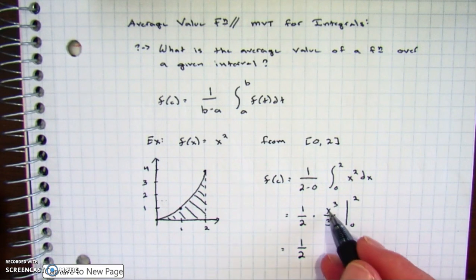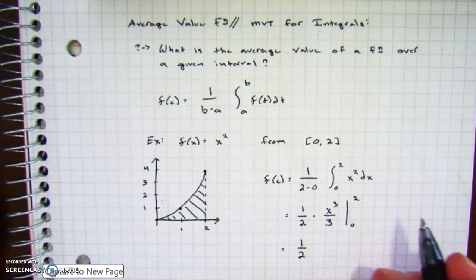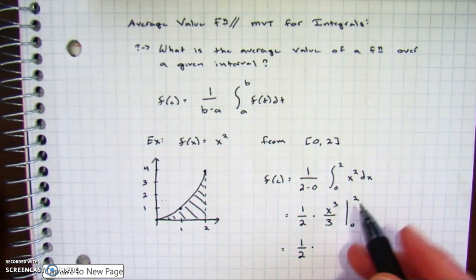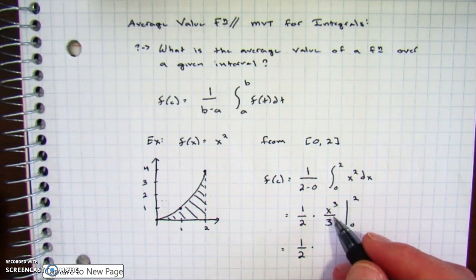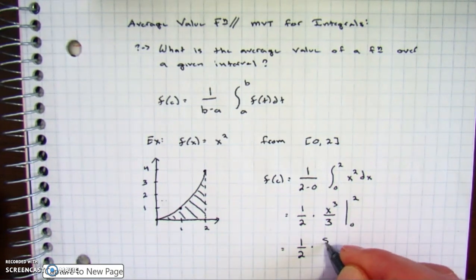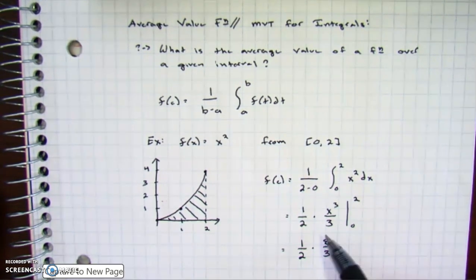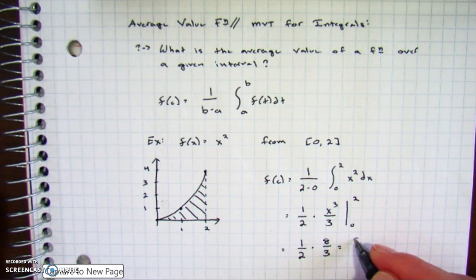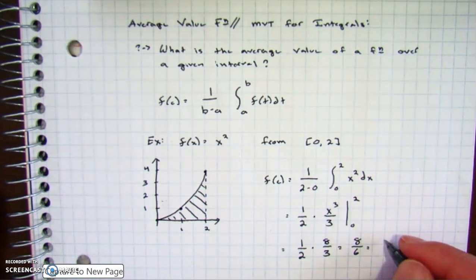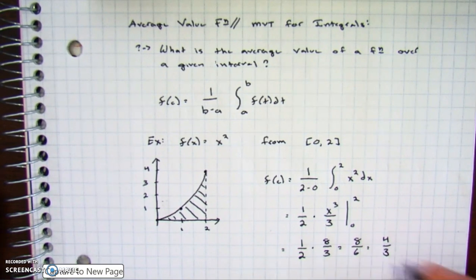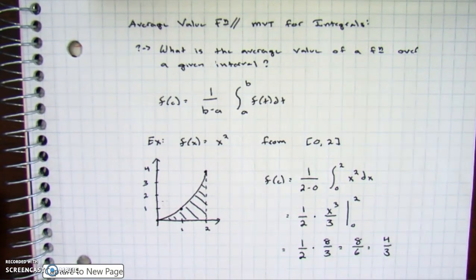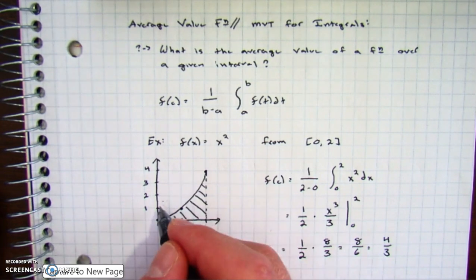At 0, the value is just 0. So let's figure out what it is at 2. 2 cubed, 2 times 2 is 4, times 2 is 8, so that's 8 over 3. Then 1/2 times 8/3 is 8 over 6, so this constant function has a value of 4/3, or 1 1/3. So, hey, what do you know?